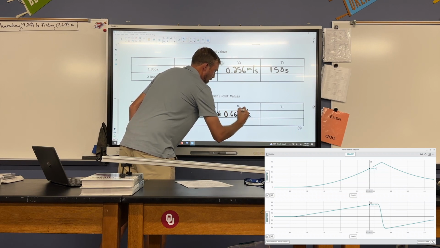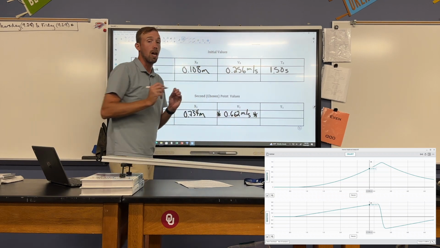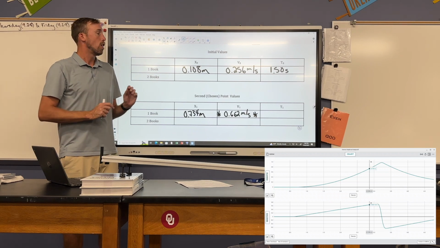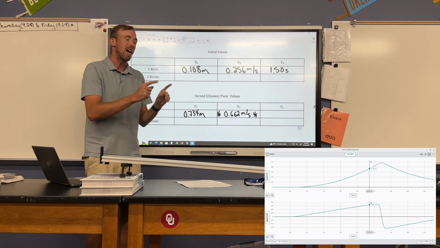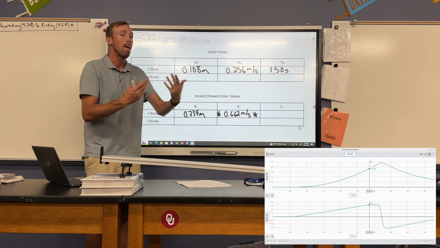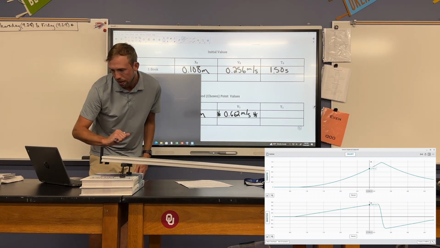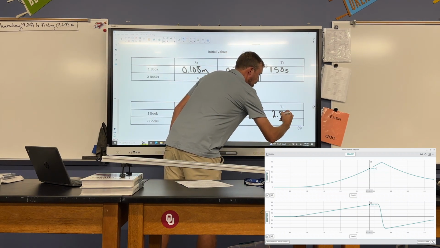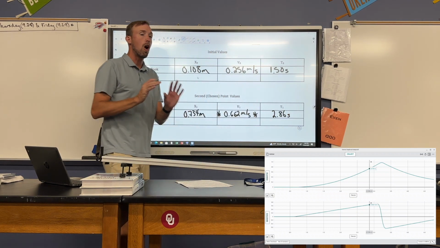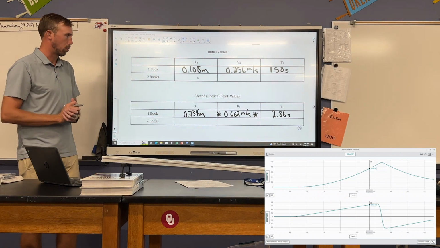I'm going to put a star by that number because that's a number that we're going to try and predict from the equation, and then we'll come back to it. So I'm not going to put that number into my equation, but I will come back to it later. And then my time here is 2.86 seconds. Okay, so these would be all of my data points from my first book trial.